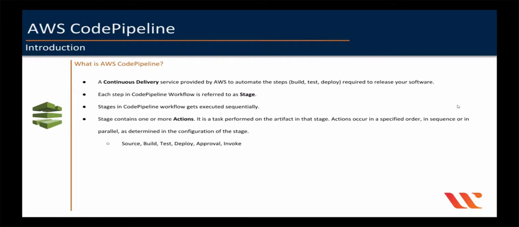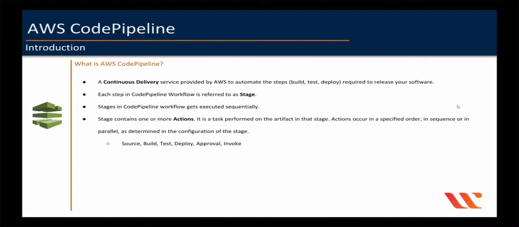With AWS CodePipeline, you can add an approval action to a stage in a pipeline at the point where you want the pipeline execution to stop so that someone with the required AWS IAM permissions can approve or reject the action. If the action is approved, the pipeline execution resumes.